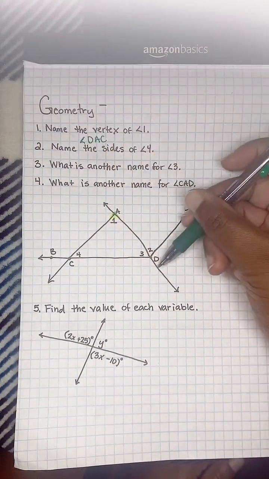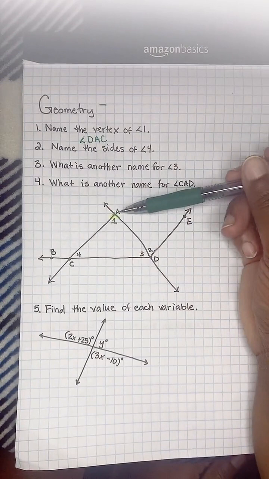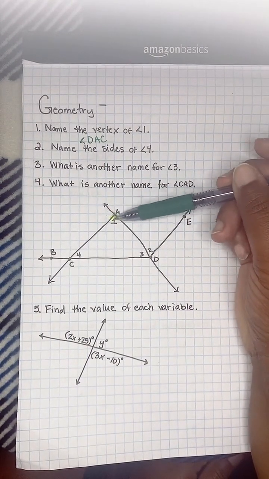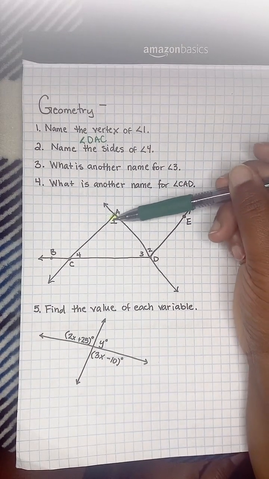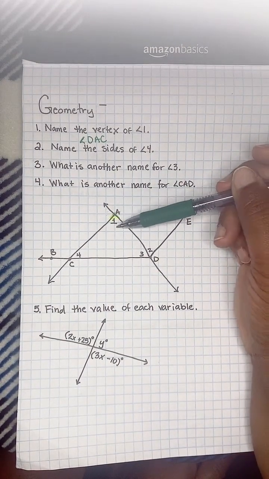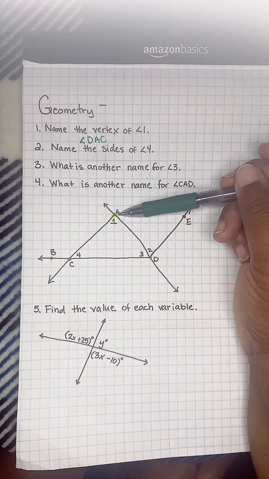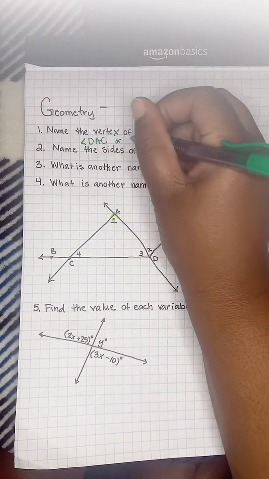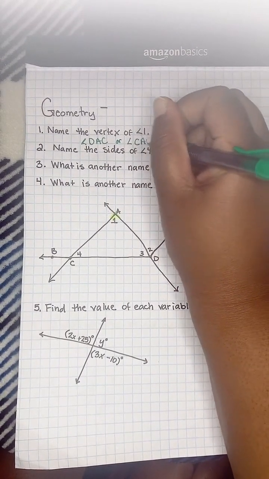You want to use 3 letters. We can't just say angle A because angle A is split between two different angles. See how there's an angle right here and an angle here? That's why we can't just say A. Or we could say CAD. That's another way.